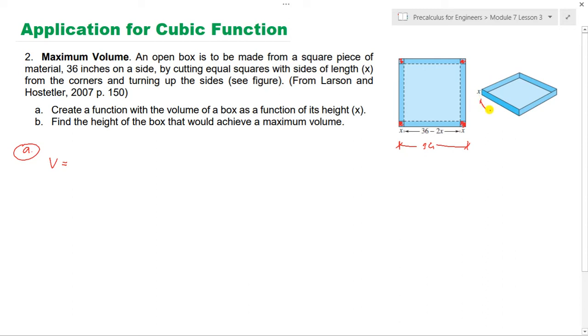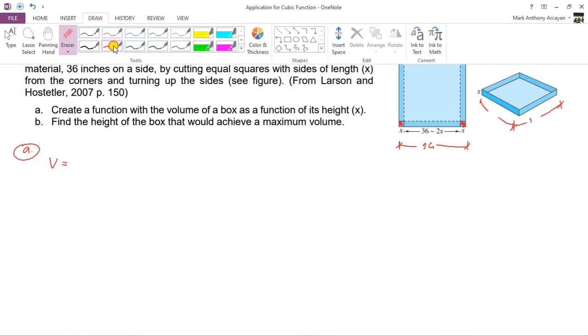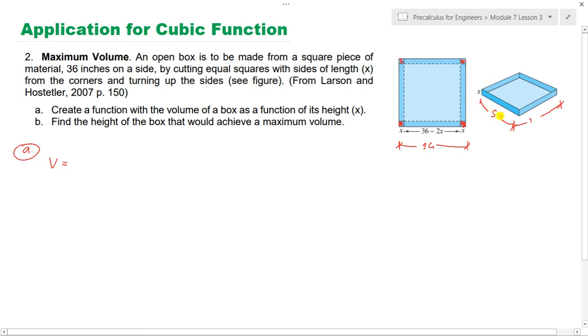This is the length, and also this one is the width. Since this is a square, the length is just equal to the width, or we can denote it as s, the side and the side.